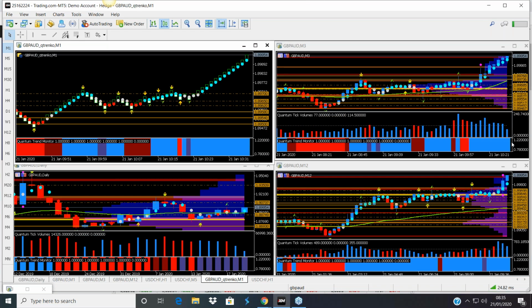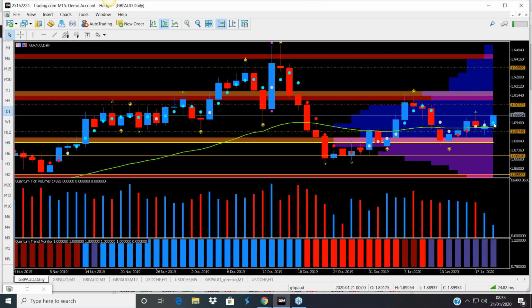The next question we want is, well, where is it going next? I've actually got the daily chart. We've got a nice sort of up candle forming here. Yesterday's volume is quite interesting, and we had this kind of doji candle here.